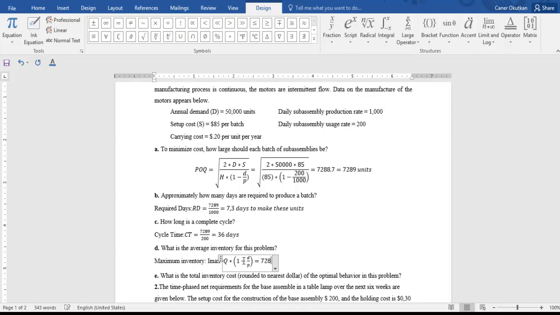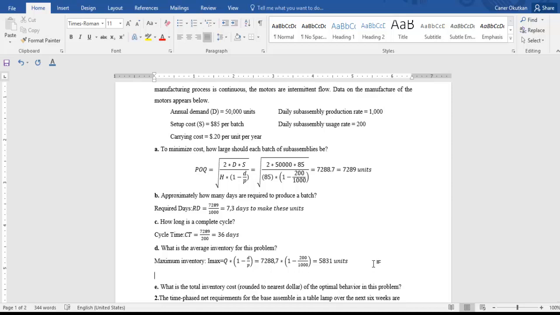So in question A we found the quantity, and demand 200 and production rate 1000, equals 5831 units. So we find the maximum inventory, but our aim is to find the average inventory.